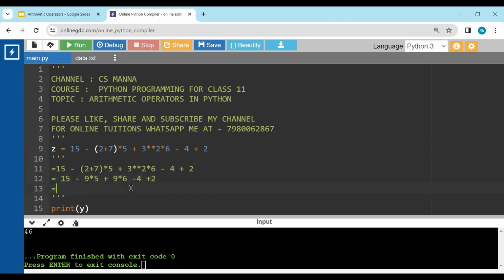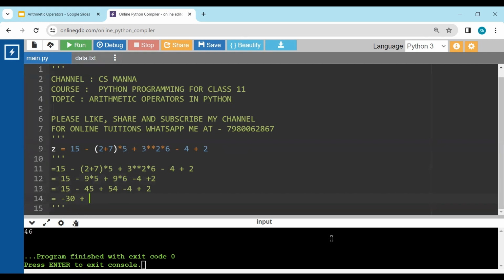Now we can do the multiplication things first. So 15 minus 45 plus 54 minus 4 plus 2. Now we have got things which are there. So here minus 45 and 15, so it is minus 30. Then we have got 54 minus 4. We can do left to right also.